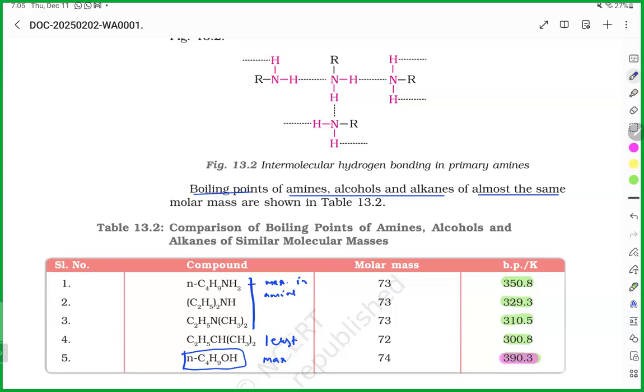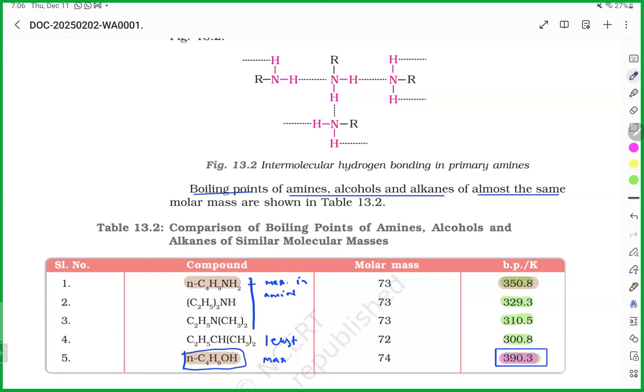No, wait. It is not almost same. Example, here you have primary amine, so you have maximum value. Alcohol more than the amine, because we said hydrogen bonding will take place. Understood?